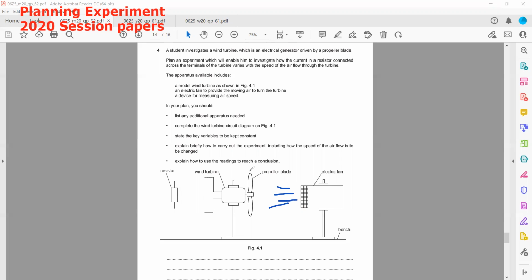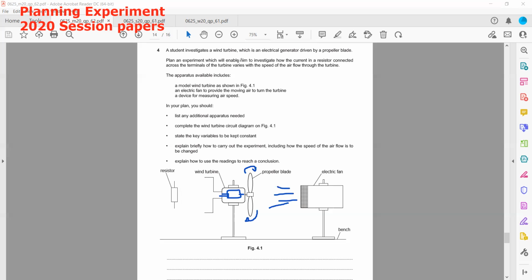As a result, the propeller blade experiences a force and starts to rotate. And there is a coil inside. That coil will also rotate with the blade. And due to the rotation of the coil, there is a change in the magnetic field. And whenever there is a change in magnetic field, there is always induced EMF. So EMF will be induced or produced.